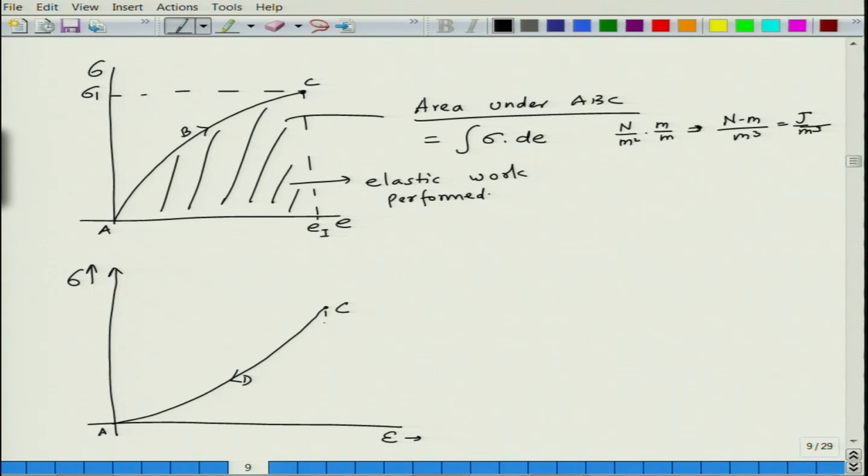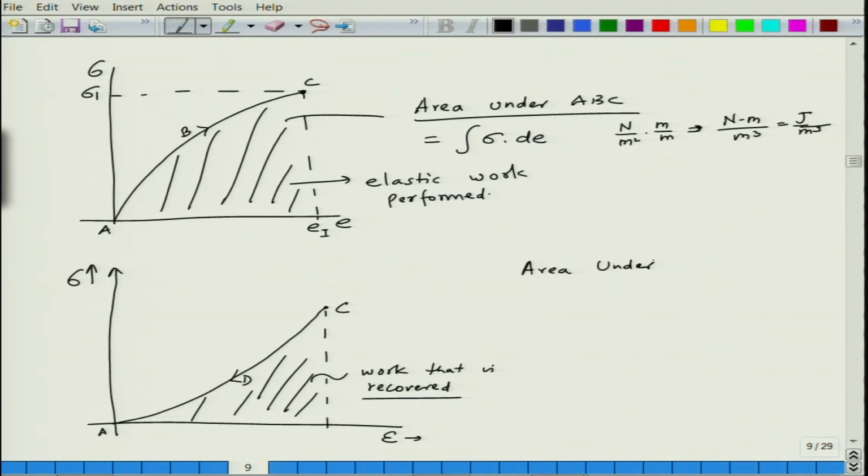In this direction the area under the curve is the work that is recovered. So, this area under the curve, ADC, is the recovered elastic energy or work.